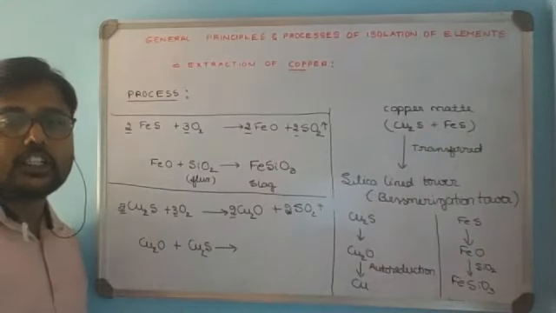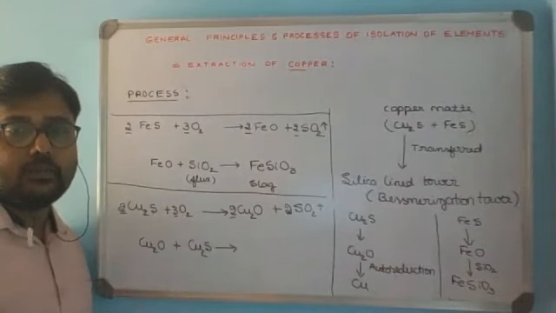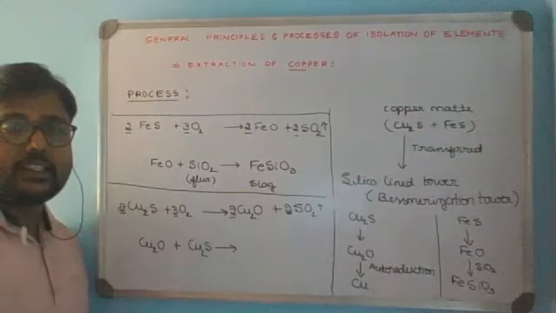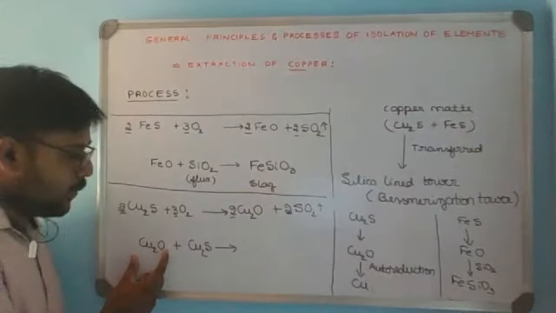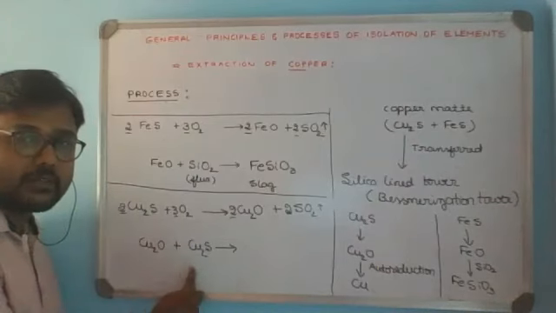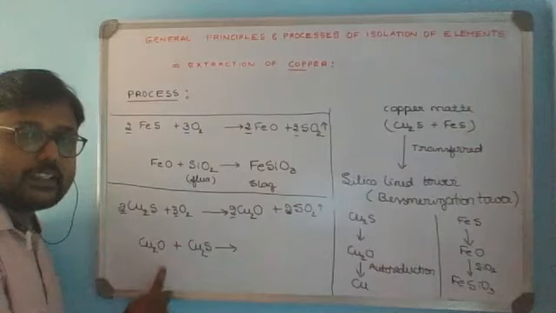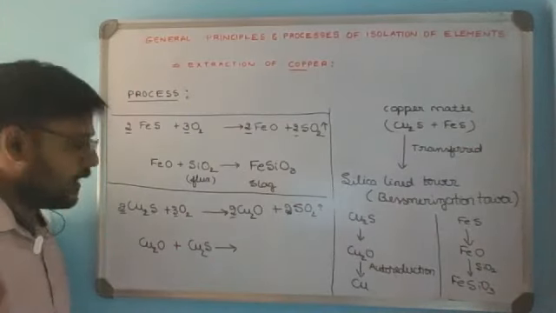What is auto reduction or self reduction? The same metal in another combined form is used for its reduction. Now for the reduction of copper from Cu2O, the copper with sulfur, that is copper sulfide, is helpful in its reduction. Such a reduction is called auto reduction.